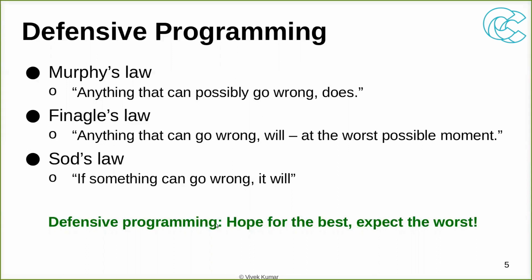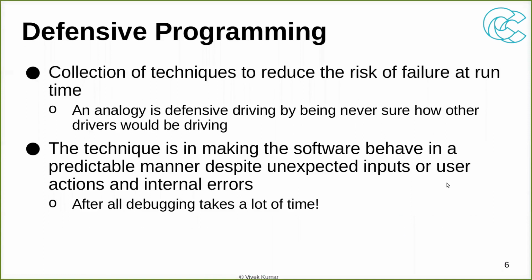The motto of defensive programming is that you hope for the best, but you program in a way that you can also handle the worst case. Okay, let's get started.